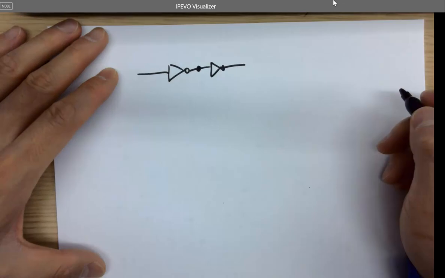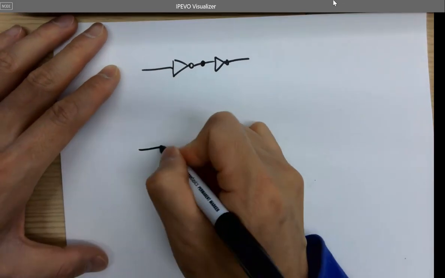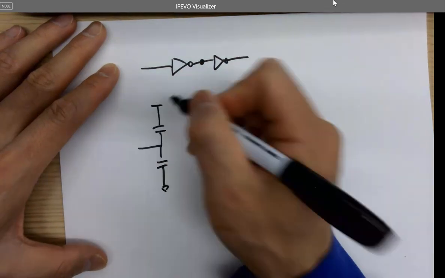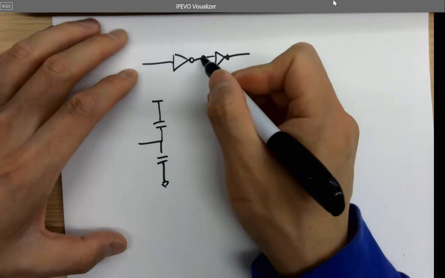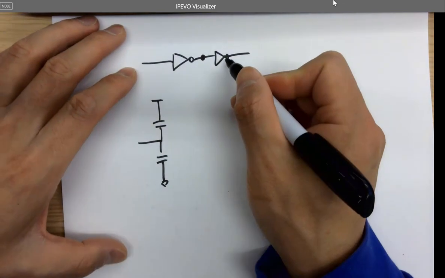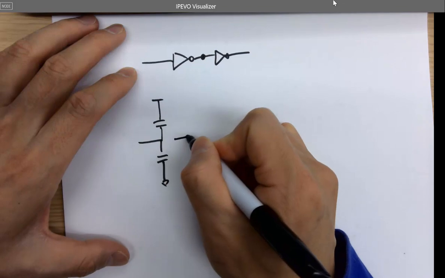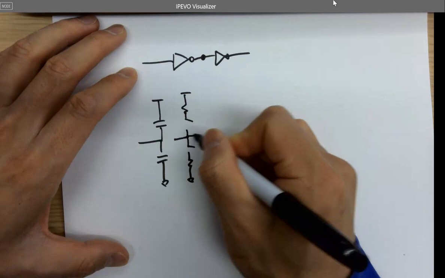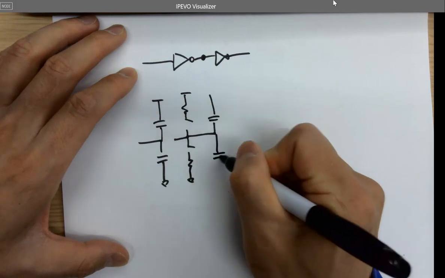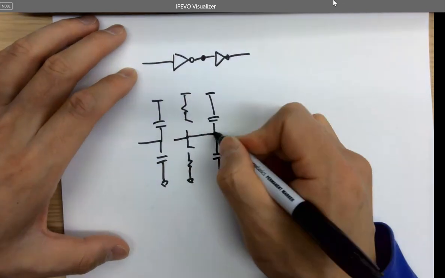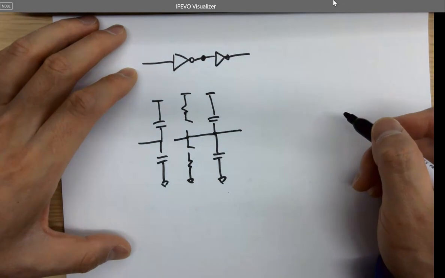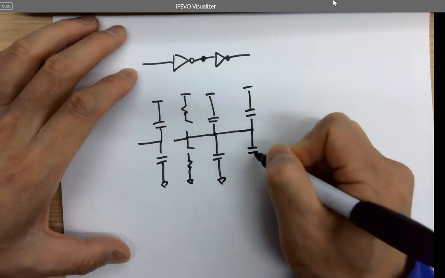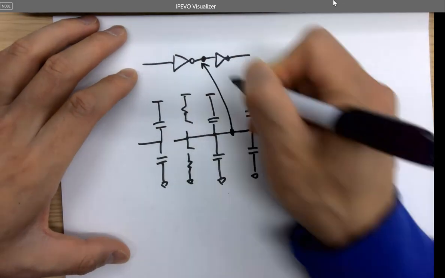If you look at the node in the middle, you have to start drawing the model because the output of the first one is connected to the input of the second one, right? So that's the first one. It's directly shorted to the second one. This is the same node here.